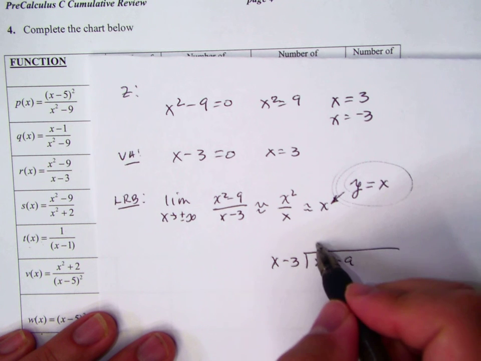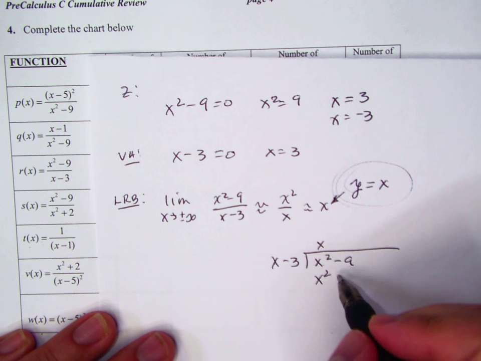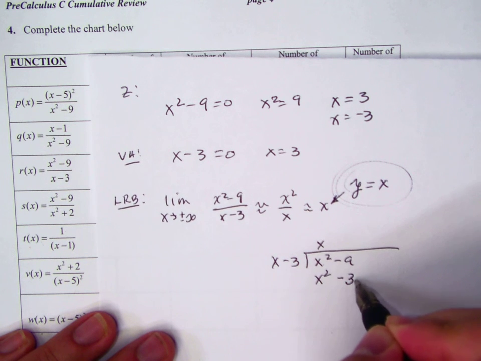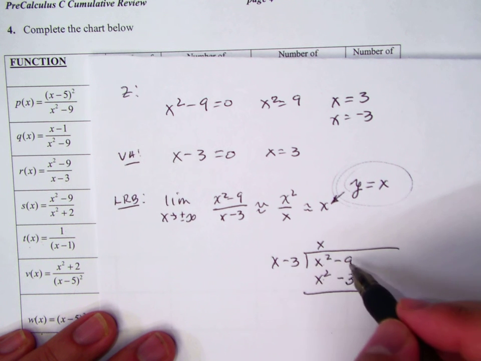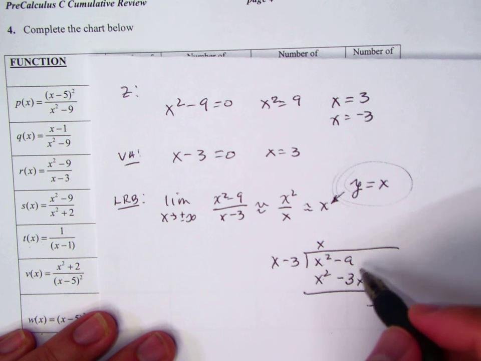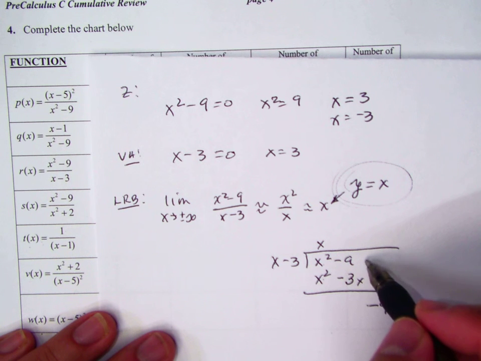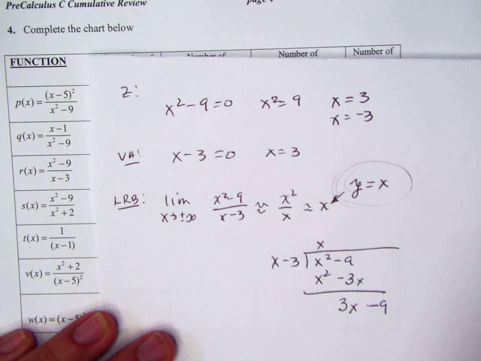X goes into x squared x times. So x times x is x squared. X times minus 3 is minus 3x. We subtract: x squared minus x squared is 0. Minus 9 minus a 0 here would just be minus 9. And then nothing minus a negative 3x gives us a positive 3x.